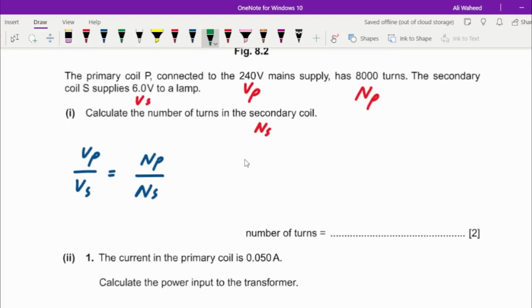So 240 divided by 6 equals 8000 divided by X. Then you cross multiply from there and you can find the value of X. For example, this 0 cancels away with this one, and then you have 6 4s are 24, then 4 2s are 8, and it would be 200.